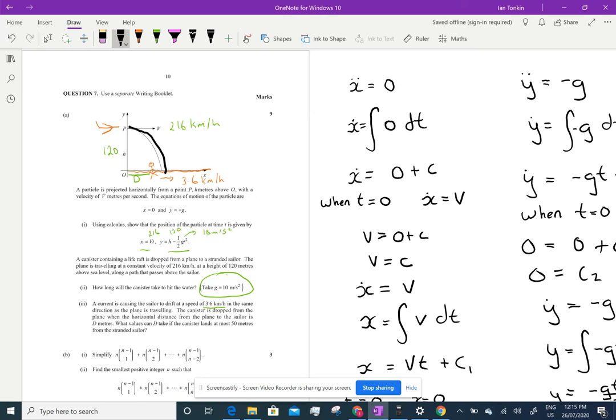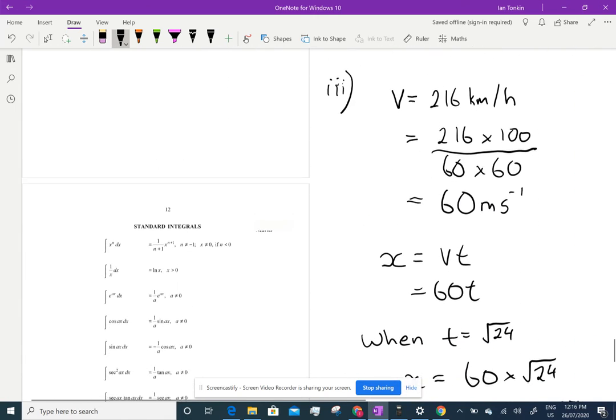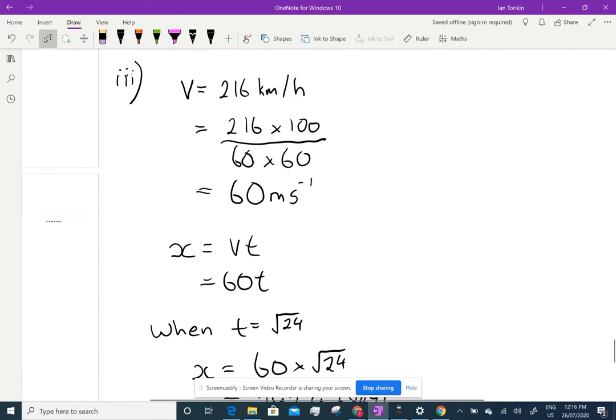Now the sailor is a distance away, but the sailor's also moving. So how far has this sailor moved? Well, let's have a go. The sailor is drifting in the same direction at 3.6 kilometers per hour. So that velocity equals, well, we have to change again.